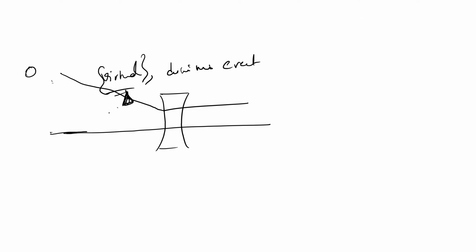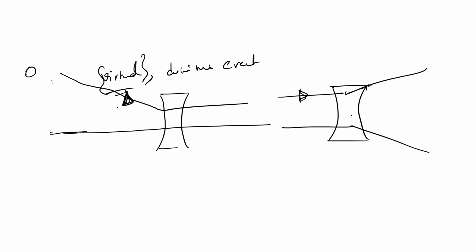Because for infinity you cannot draw rays exactly. Even if you draw like this, from infinity, here also it will diverge only. It will not converge. Yes, divergent. Got it.